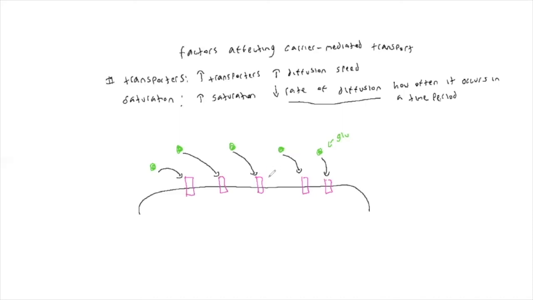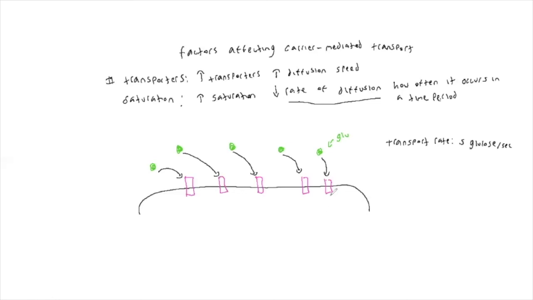We see that they're all currently activated or saturated with glucose molecules. So we have maximized the rate of transport. So for example, the transport rate, I'll just say, is 5 glucose per second.